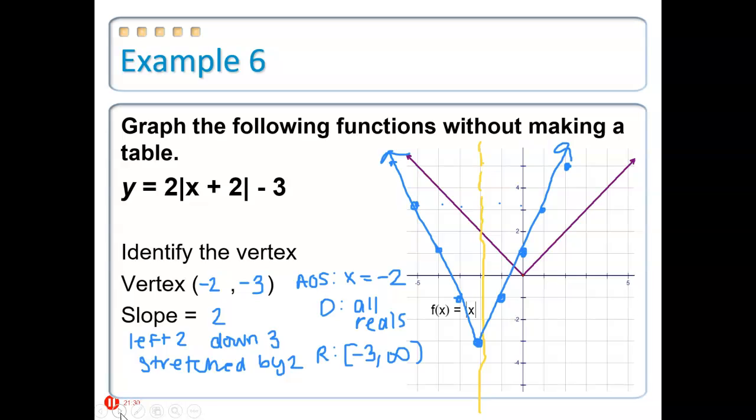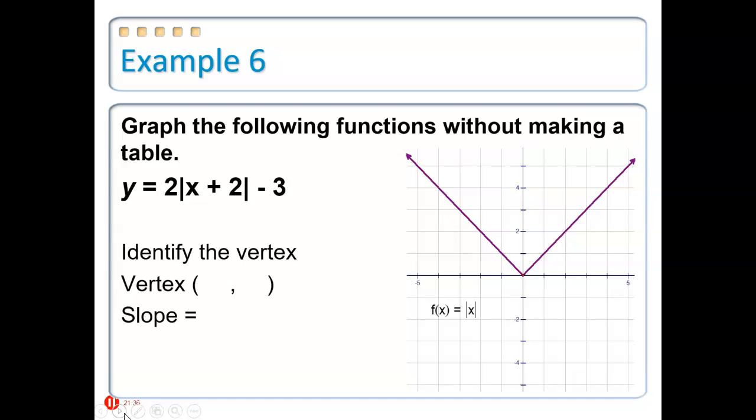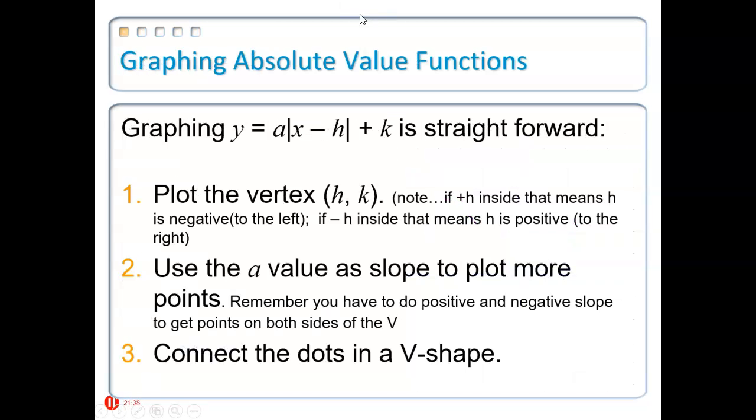Sure. So for stretching and compressing, it all has to do with the A value. So if our A value, and that's right here in our formula, is greater than 1, then the graph is going to be stretched and it's going to become taller or more narrow.